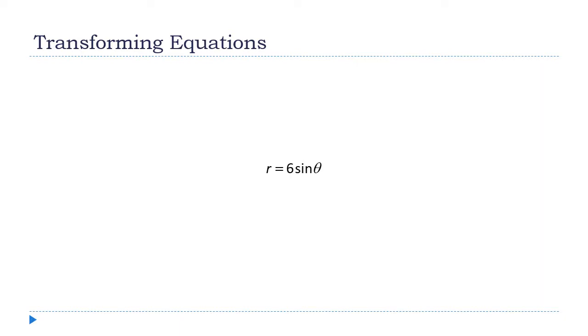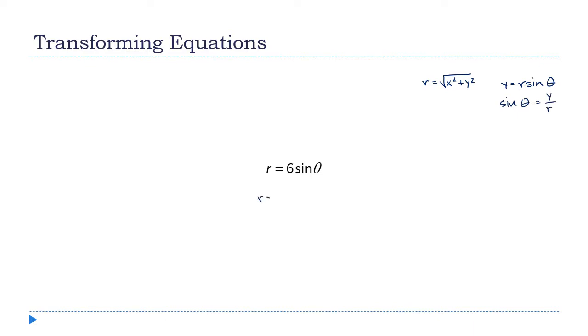I know that r equals the square root of x squared plus y squared, and I know that y is equal to r sine of theta. So I'm going to take this equation and solve it for the sine of theta. Sine of theta equals y over r. Let's substitute that into here.